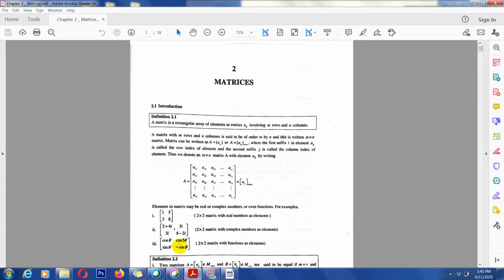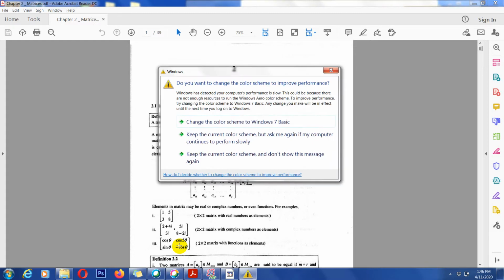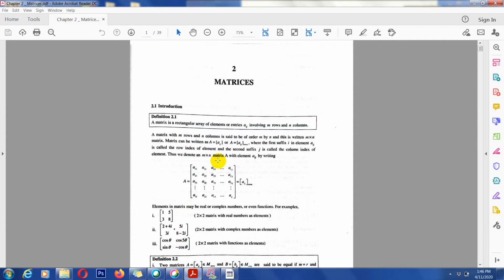So why do you need to understand matrices, and how were they created? They start from problems with many variables that we need to solve simultaneously. If we have two variables, for example x plus y equals 5 and 2x plus y equals 6, we can solve this with simultaneous equations.